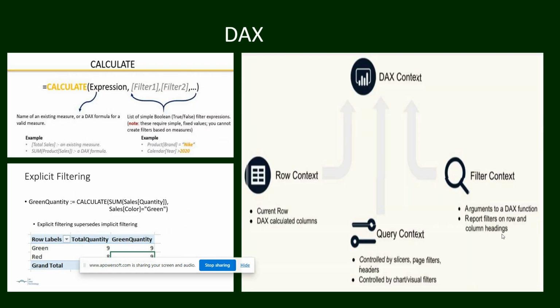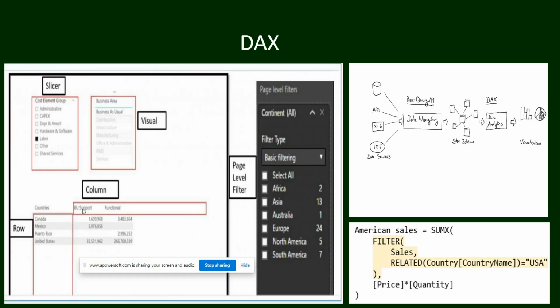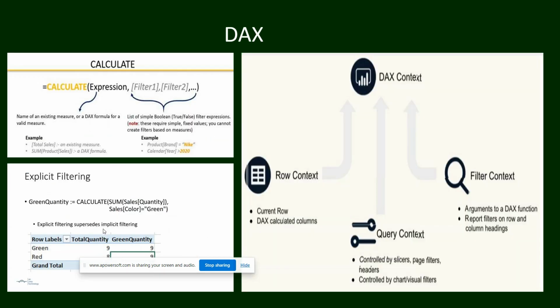The other thing is an argument to a DAX function or a report filter on a row or column heading. If I'm filtering here, the functional or a row filter, then this forms your filter context.